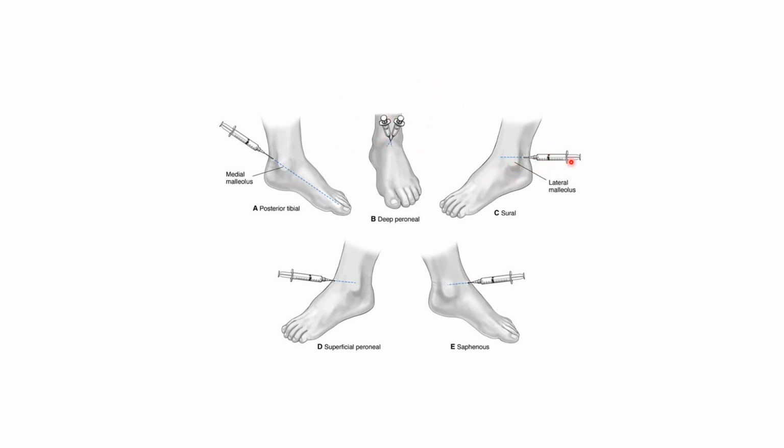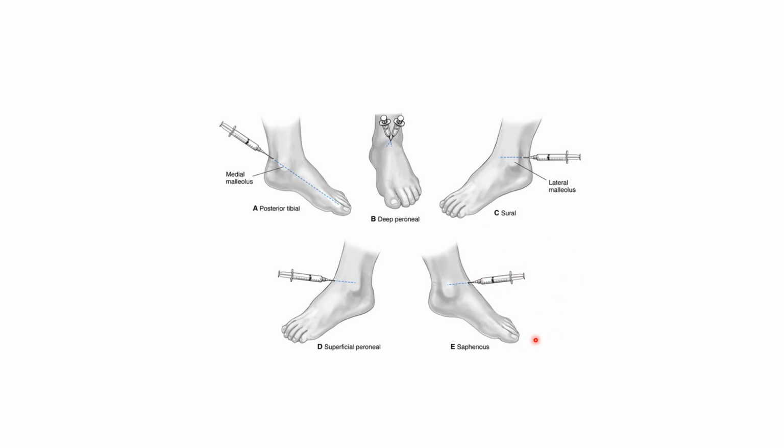And the sural nerve is in the lateral aspect. So we are blocking the sural nerve by injecting from the posterior aspect of the lateral malleolus to the anterior aspect. Now the superficial peroneal nerve we will block from the anterior part of the lateral malleolus to the posterior part of the lateral malleolus.